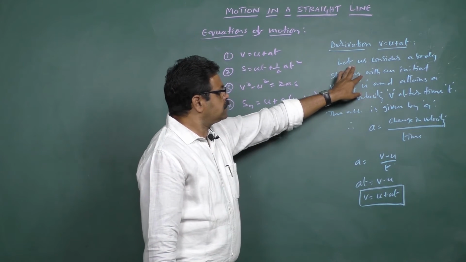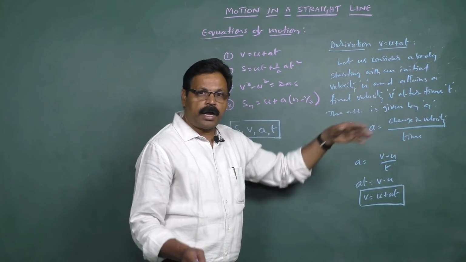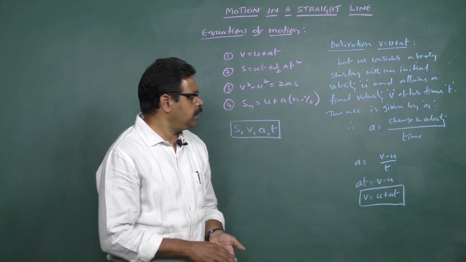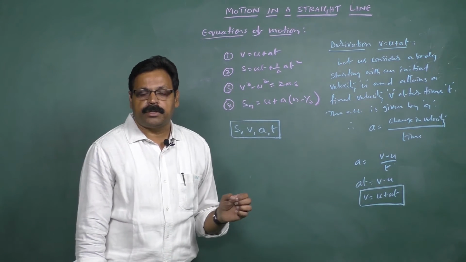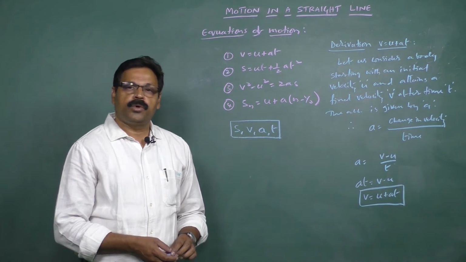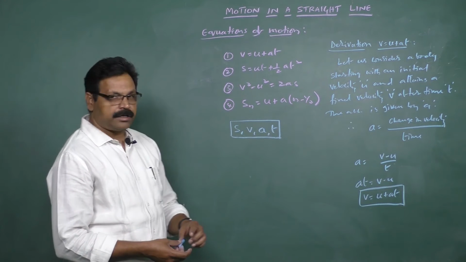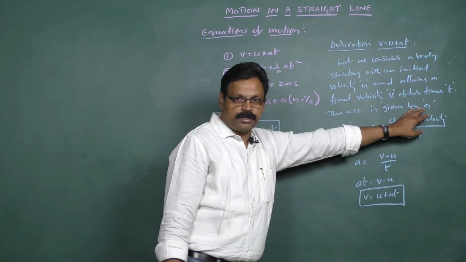We are just considering that a body is starting with an initial velocity u and attaining a final velocity v after time t. Moreover, you need to remember that these equations of motion are valid only for a body moving with uniform acceleration. Therefore, the uniform acceleration of the body is given here as a.